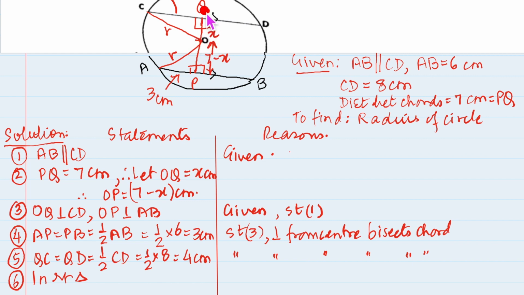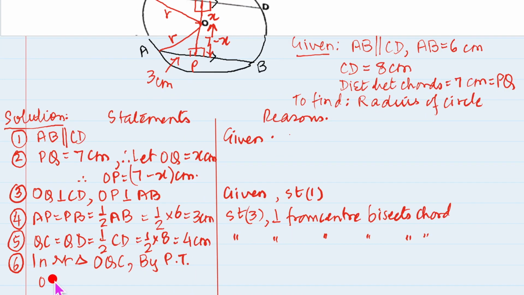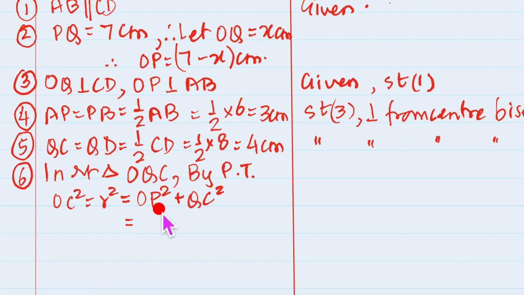This one we will take, OQC, and by Pythagoras theorem we will write OC square, which is radius square, is going to be equal to OP square plus QC square, which will be equal to x square, which is OP, and QC is 4 square.